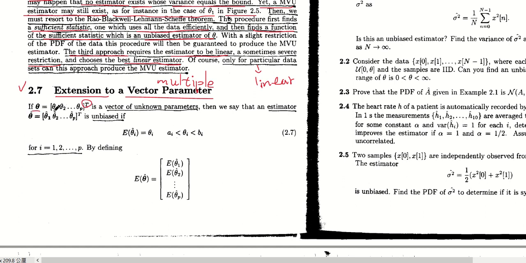So theta is a vector of unknown parameters. We say that an estimator is unbiased if you take the expectation E of theta i hat equal to theta i. And of course, there is some prior knowledge or prearranged range for that theta i. But the point is, if you take the expectation, it has to be equal to the true value.